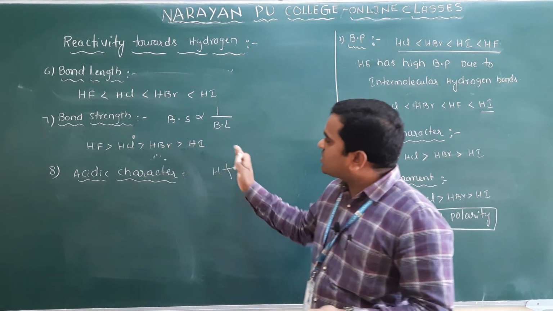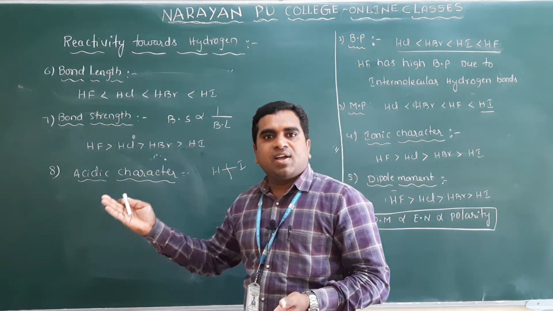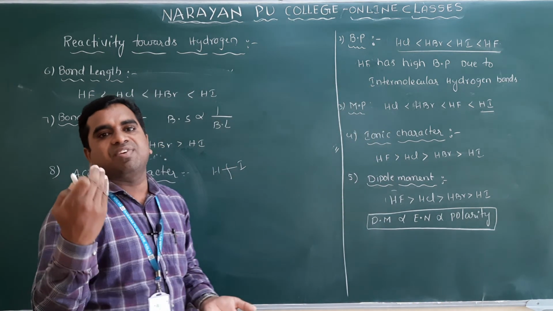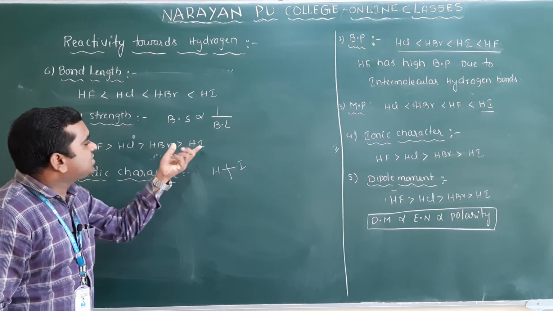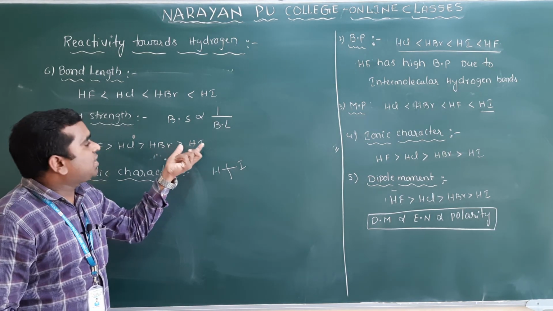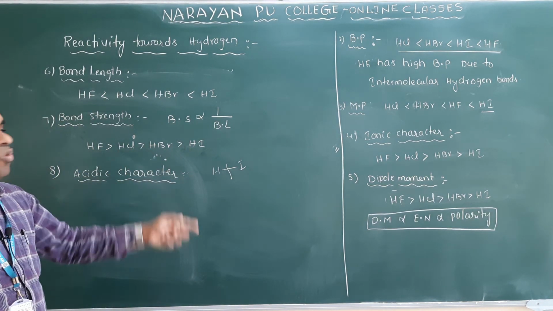Among these, which has the weak bond gives the H plus ions very easily. So which among these has the weak bond? HI has the weak bond, so that's why HI is the strong acid among these four.